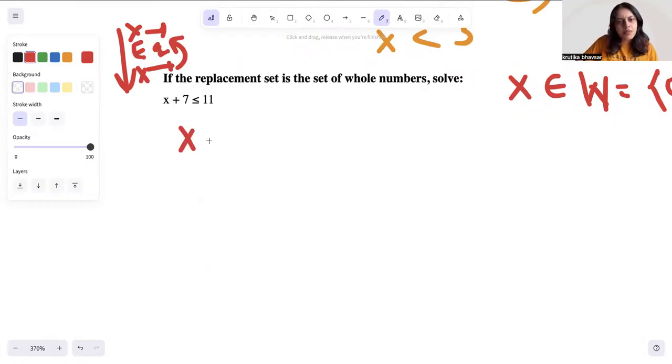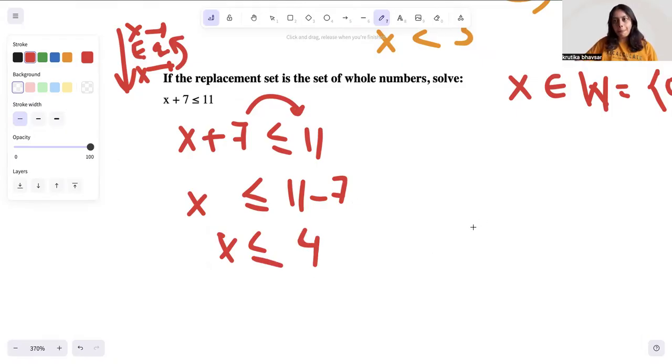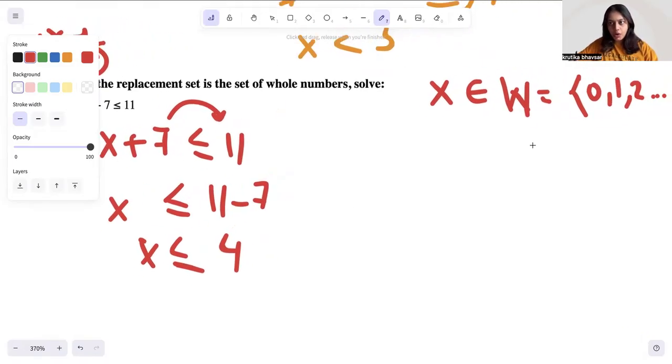So again, like terms you're going to deal with. So x plus 7 is less than or equal to 11. Your 7 goes this side. You have x plus 7, so 11 minus 7, and you have x less than or equal to, what is 11 minus 7? It is 4, right? Okay, now your x can be 4 according to this.